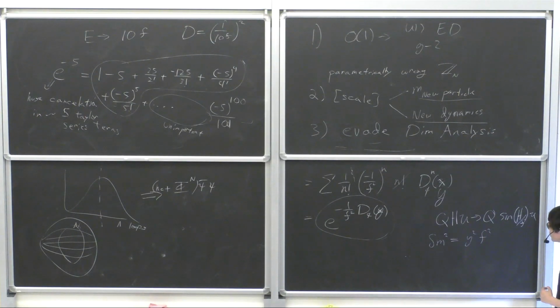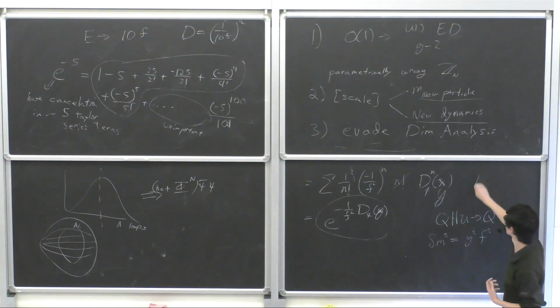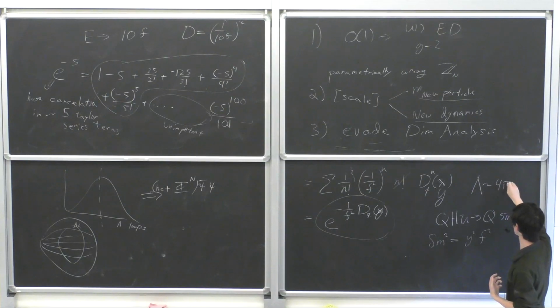The other difficulty, which I guess I didn't really say here, is just to ask, how does perturbation theory work? If, as I take this f and make it larger and larger, what is the UV cutoff of the scale? Because it's a higher dimensional operator, it's going to have a UV cutoff. And the UV cutoff turns out to be where unitarity breaks down.